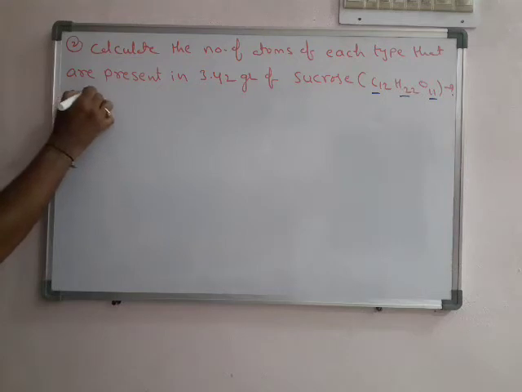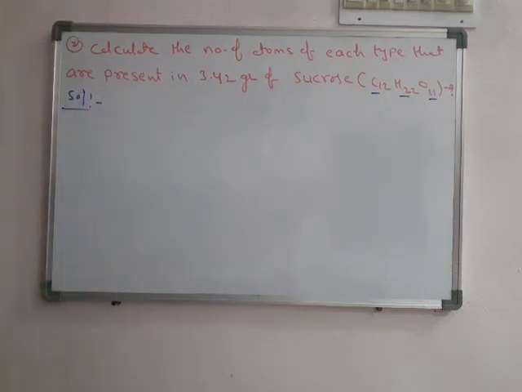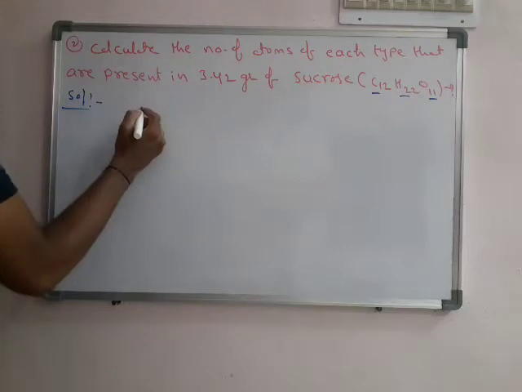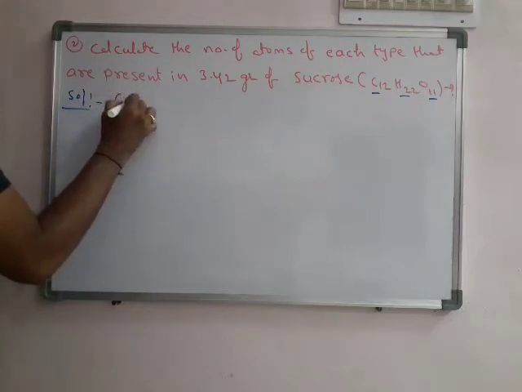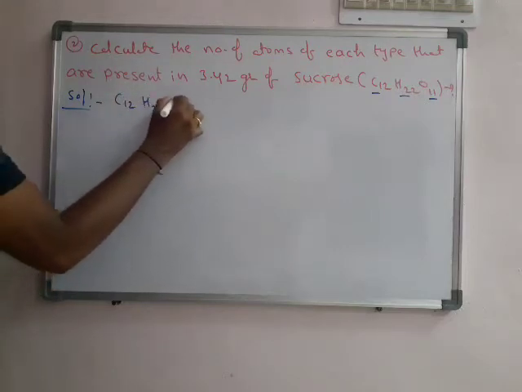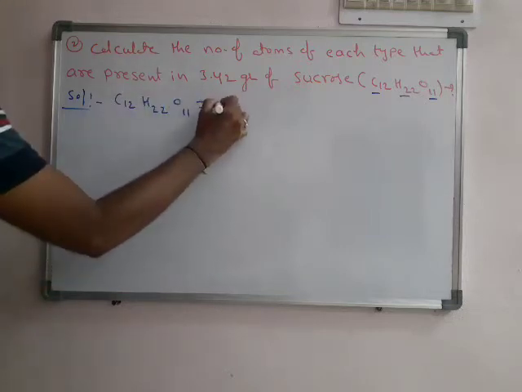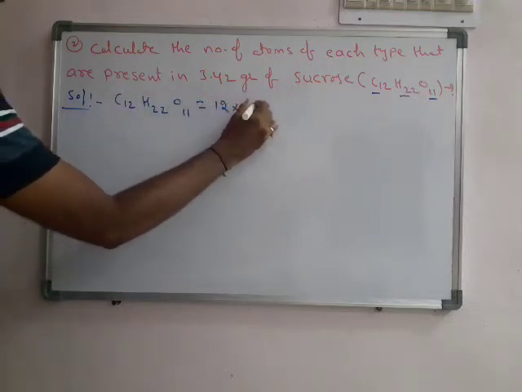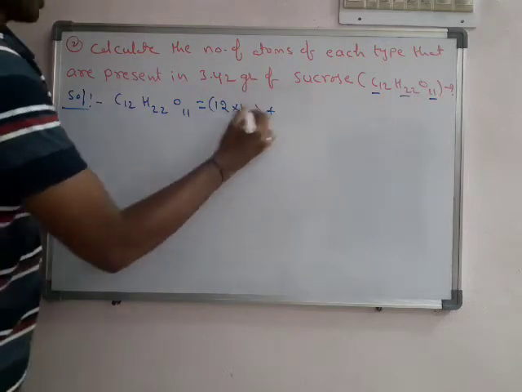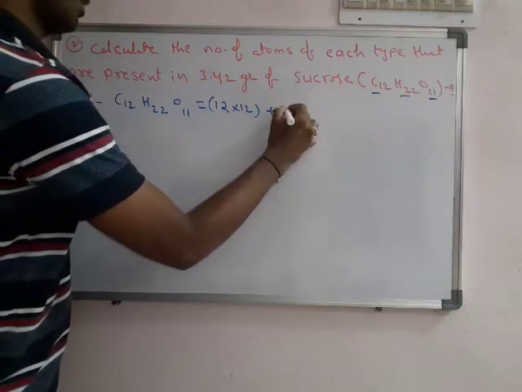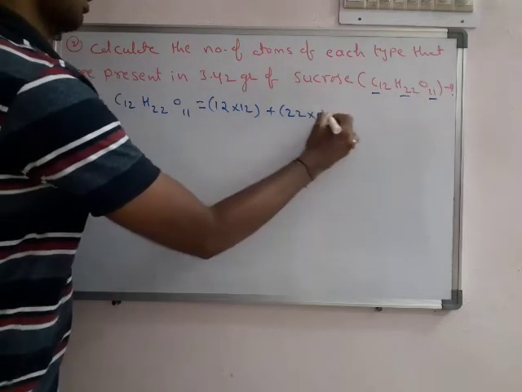Okay. So one by one we calculate it. So what is the molecular weight of sucrose? How much? So molecular weight of sucrose means C12H22O11. So calculate it: 12 carbons, 12 into 12. Next, hydrogen. Each hydrogen carries 1, so 22 into 1.